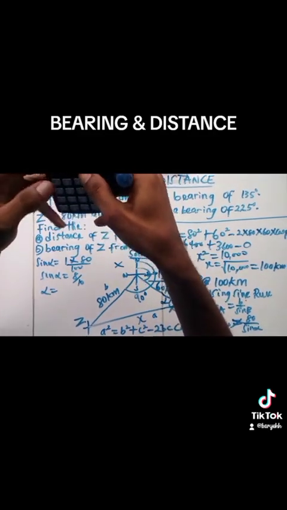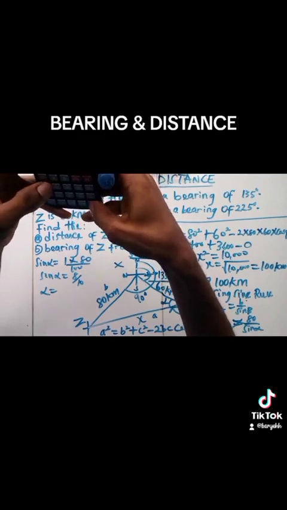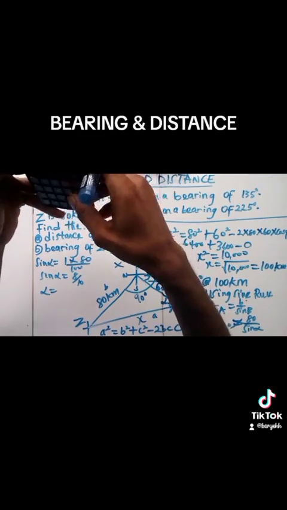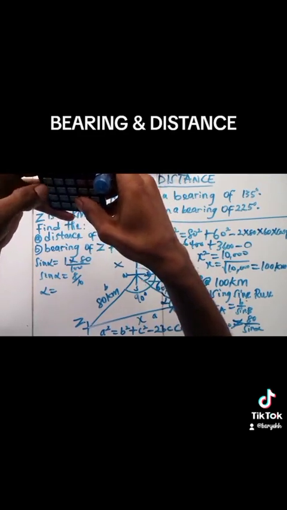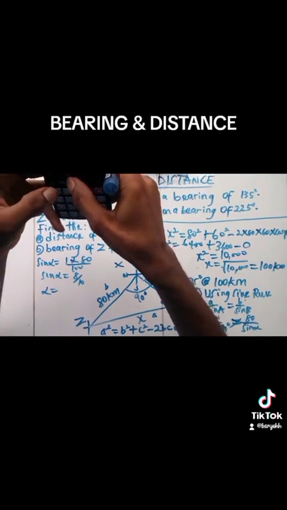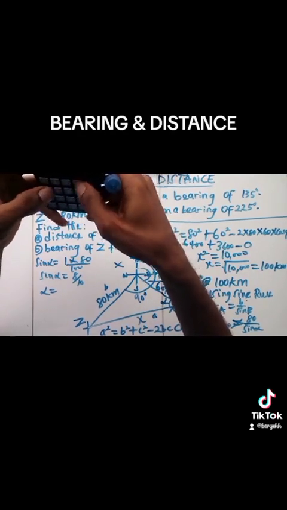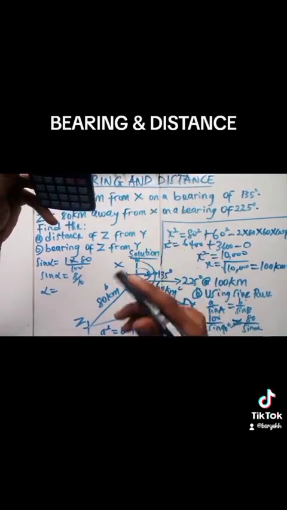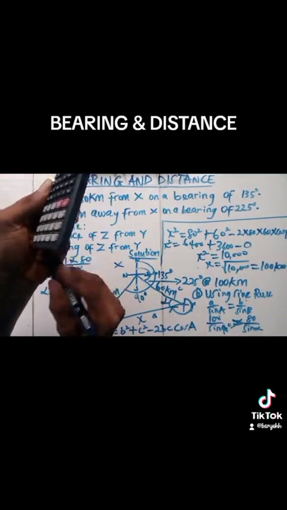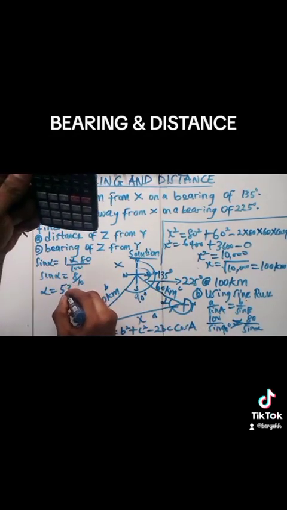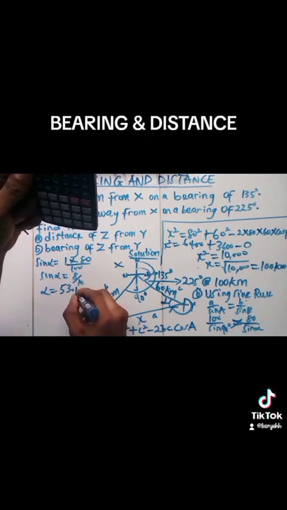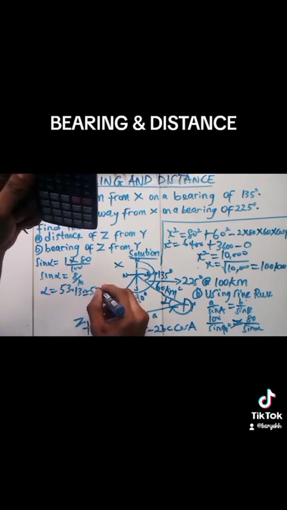So shift sine 4 divided by 5, and that is 53.13. So alpha is 53.13. Let's approximate this to the nearest degree. So that's simply 53 degrees.